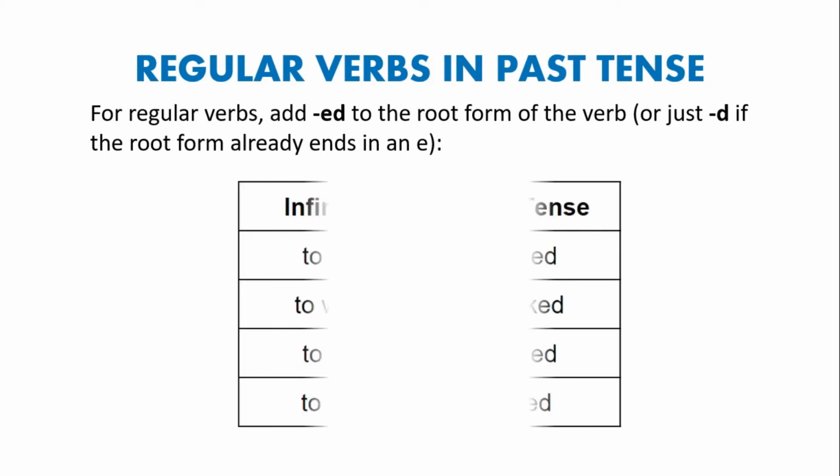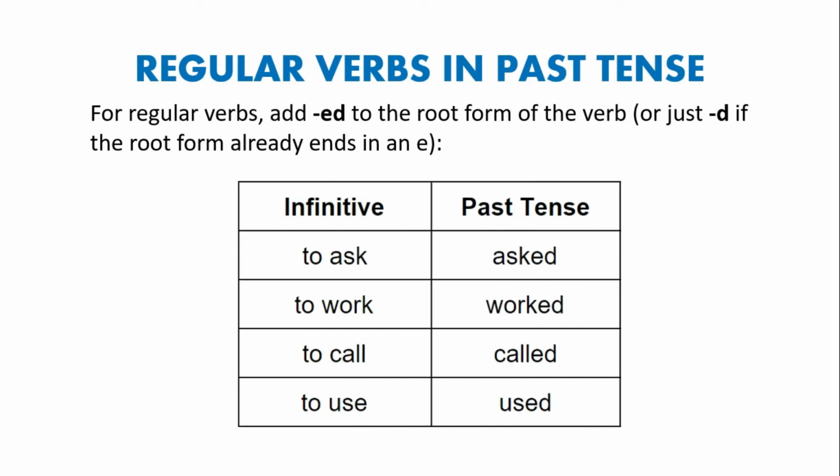At this moment, we show you the regular verbs in past tense. There are a lot of regular verbs in English. And when we use a regular verb in past tense, we need to follow this rule.